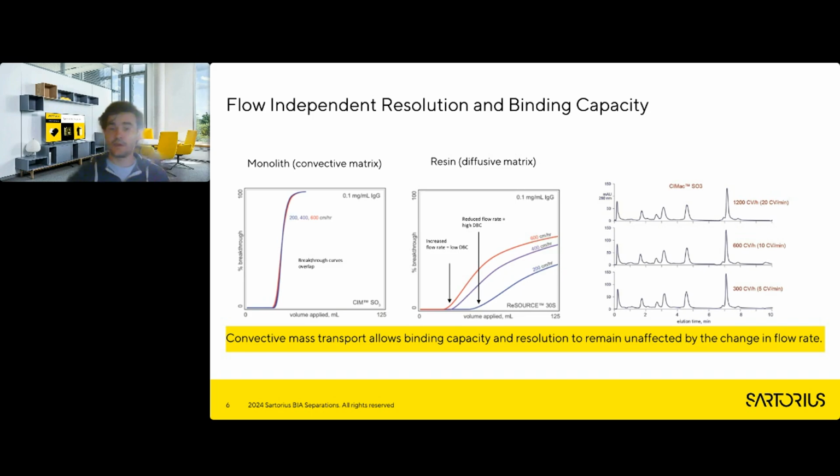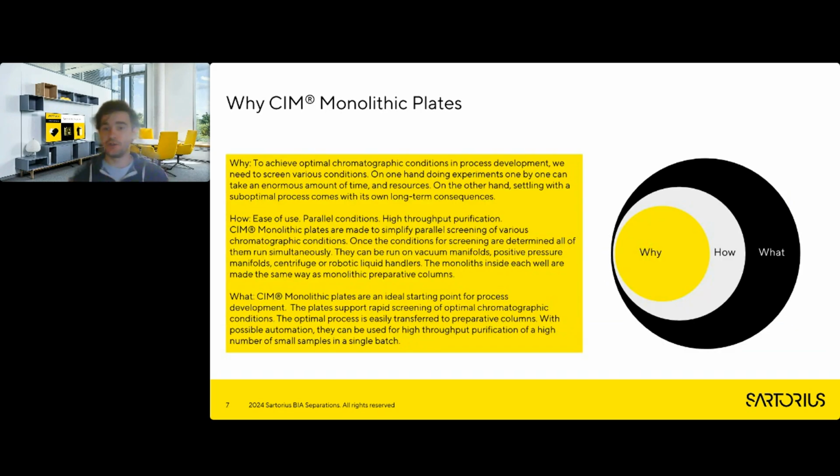We coupled our unique monolith technology with the plate format because we are a column manufacturer and we develop processes for ourselves and for our clients on various target molecules.